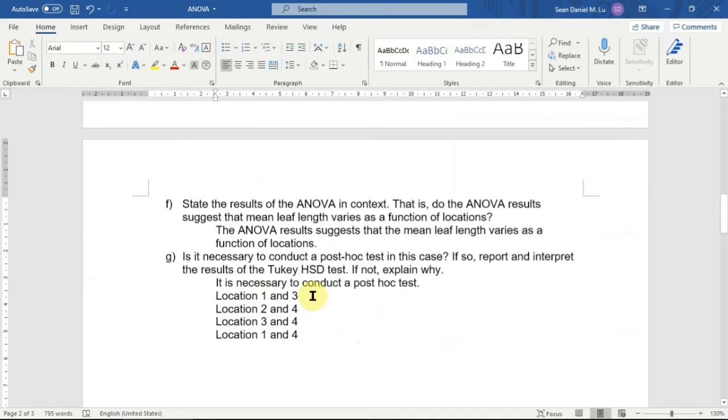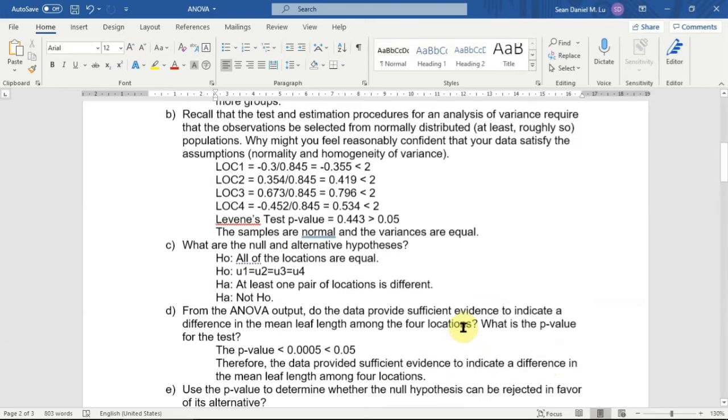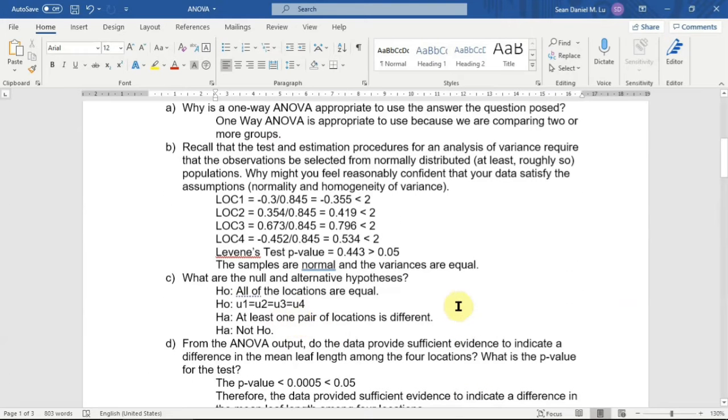Locations 1 and 3, location 2 and 4, and location 1 and 4 show a significant difference from each other. So these are the groups that prove the alternate hypothesis that at least one pair of locations are different.